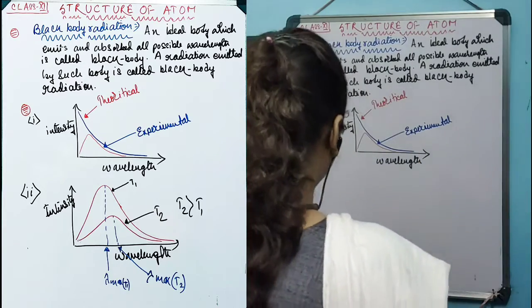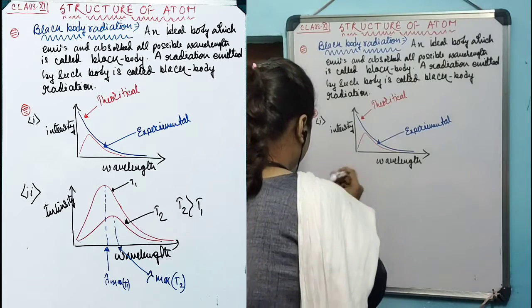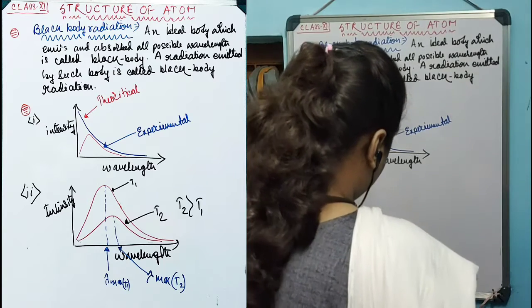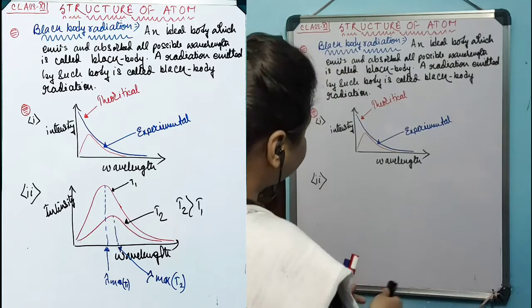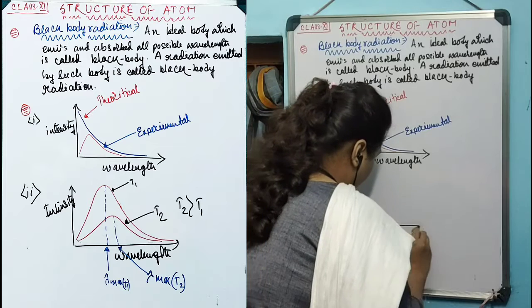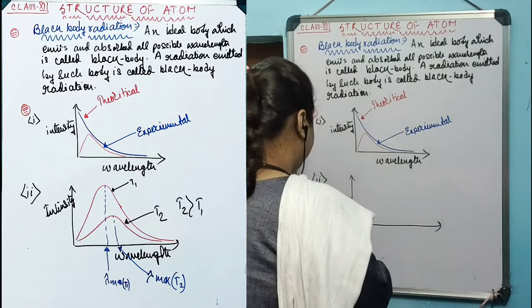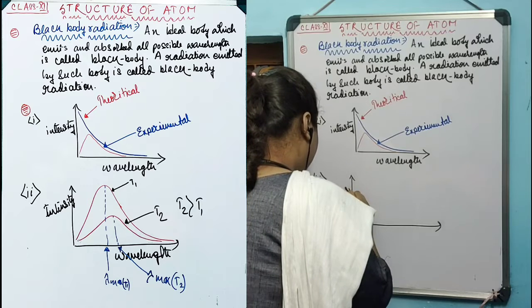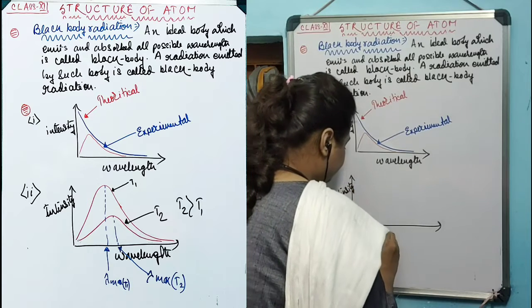The second analysis that they did was the same experiment with the same black body at two different temperatures, plotting the data as intensity versus wavelength.